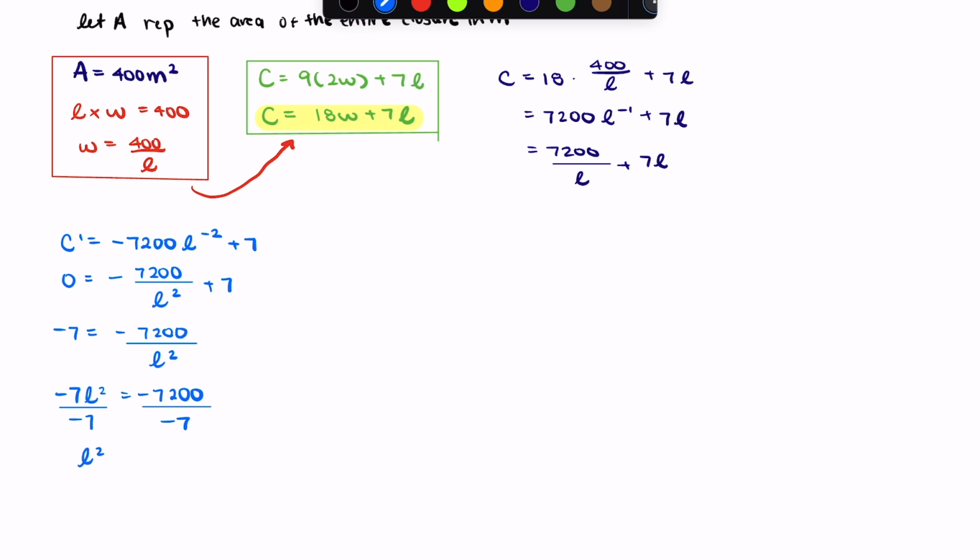Here we get L squared is equal to 7,200 over 7, and we're going to square root both sides. So L is equal to square root 7,200 over 7. And that gives us approximately 32.07 meters.